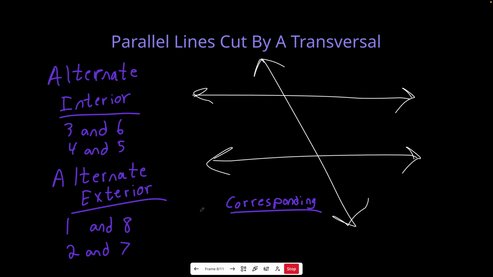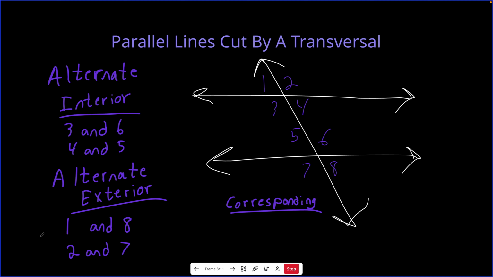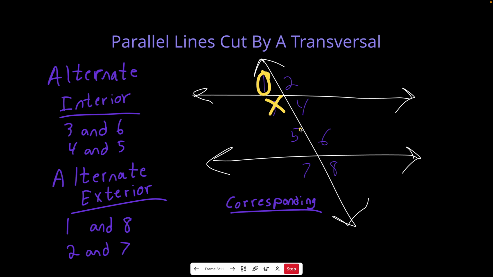So we've done alternate interior and alternate exterior. The last one we're going to talk about is corresponding. Again, 1, 2, 3, 4, 5, 6, 7, 8. Corresponding means we're going to stay on the same side of the transversal and we skip. So if we start at 1, skip 3, go to 5. So 1 and 5.